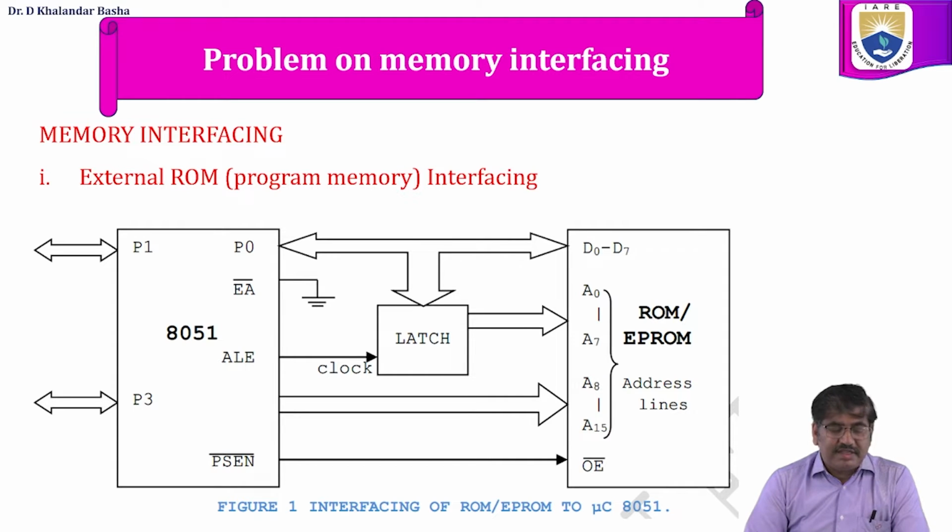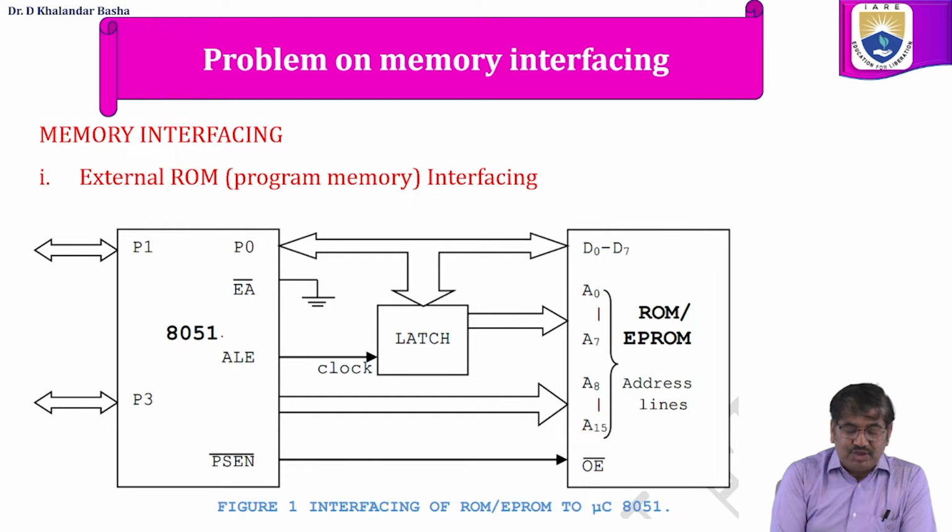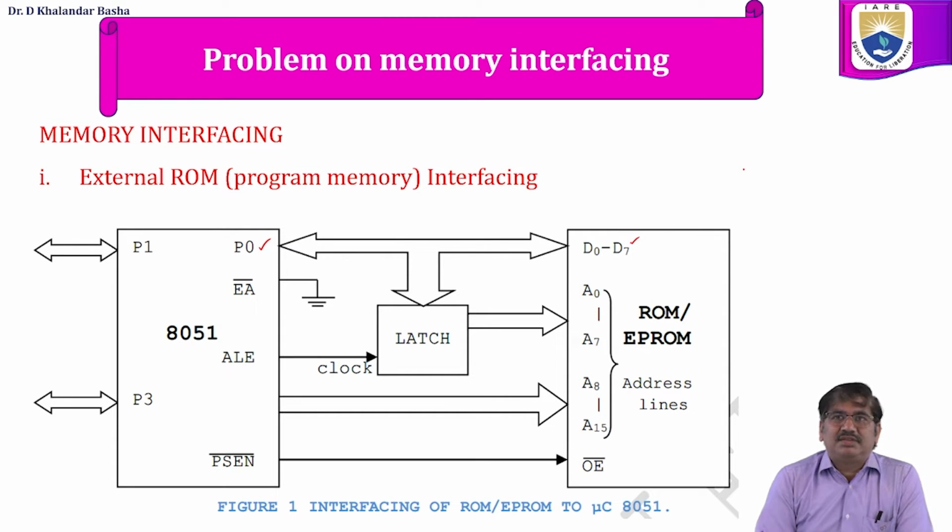First we will take the external ROM, which is program memory interfacing. From the 8051 microcontroller, port 0 is used for the data access of this ROM. Next, the ALE signal is for differentiating address lines and data lines. Next, the upper 8 bits, that is A8 to A15, will be passed.